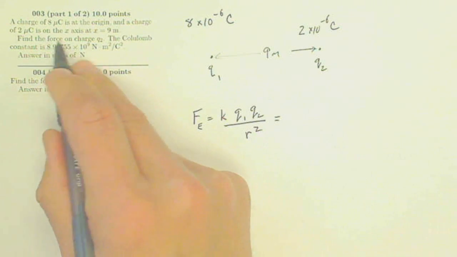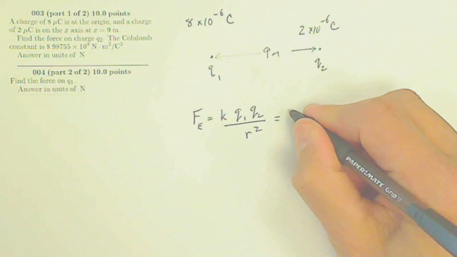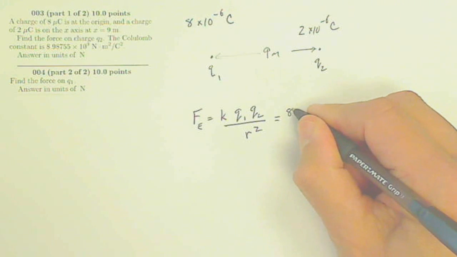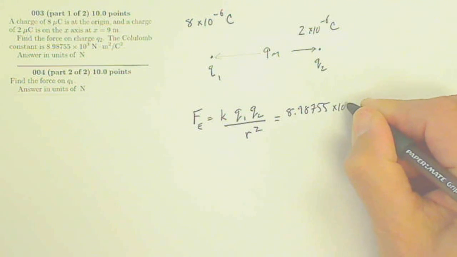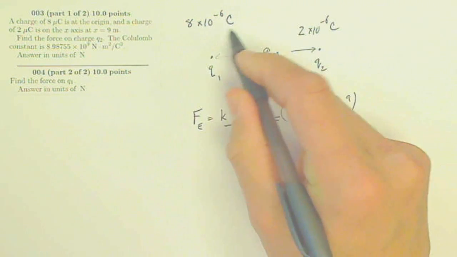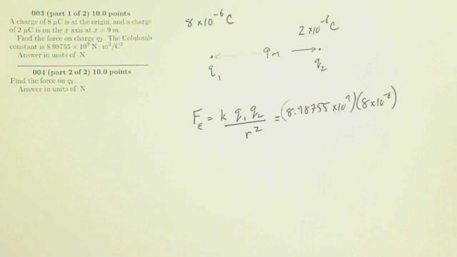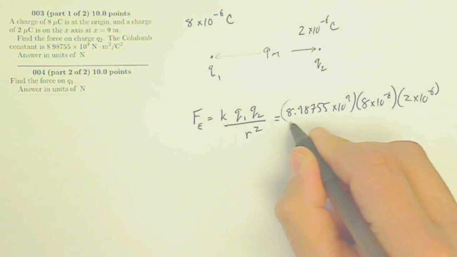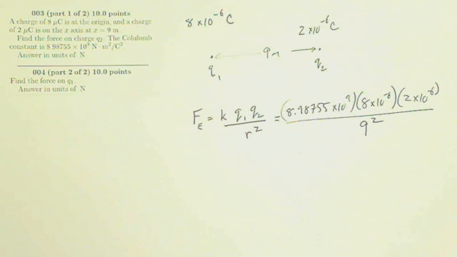So I'm going to get 8.98755 times 10 to the 9th times the amount of my first charge, which is 8 times 10 to the minus 6th, times the amount of my second charge, which is 2 times 10 to the minus 6th, all divided by the distance between them, which is 9 meters squared. And that's going to give me some force on the electron.